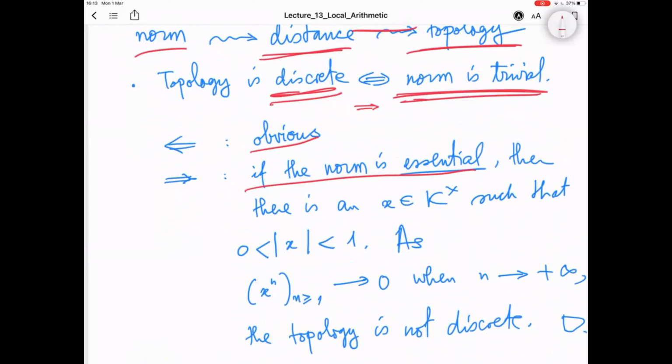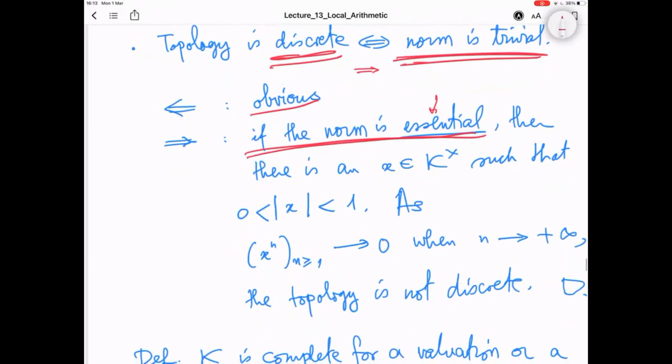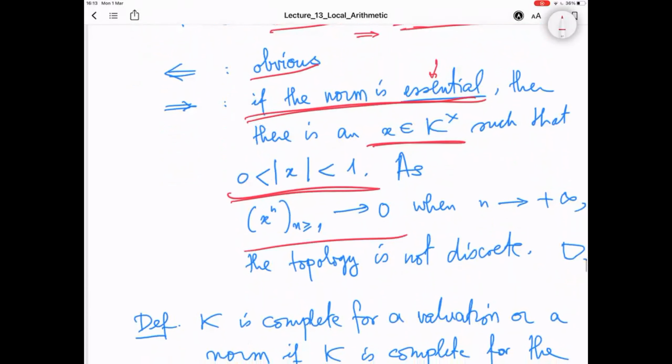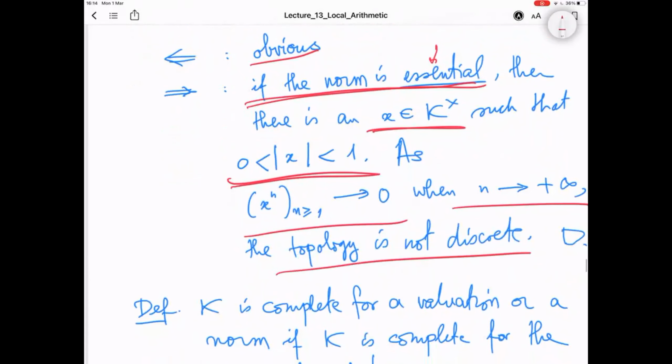By reductio ad absurdum, I can assume that the norm is not trivial, that it is essential. Then what does it mean for it to be essential? It means that there is an element X in K star such that its norm is strictly between 0 and 1. So the sequence X to the power n will tend to 0 as n tends to plus infinity, which means that the topology is not discrete.